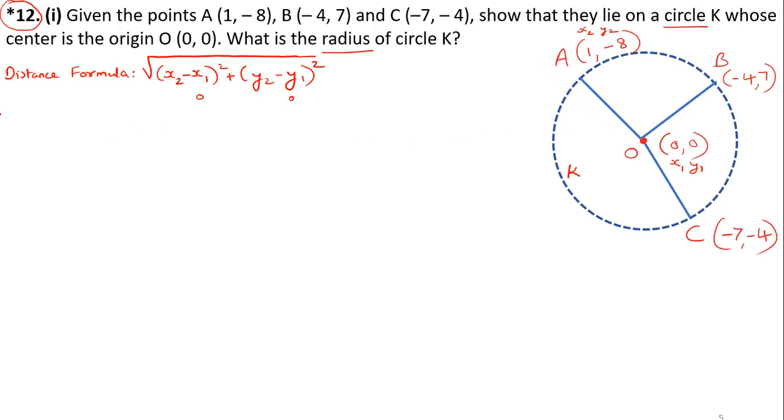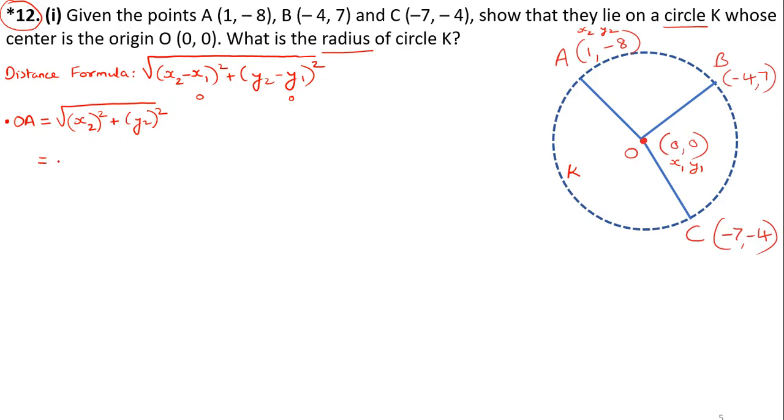It will become very easy for us for calculation. So we will take OA as the square root of x2 squared plus y2 squared, because the minus 0 terms are anyway 0, so leave these two things.